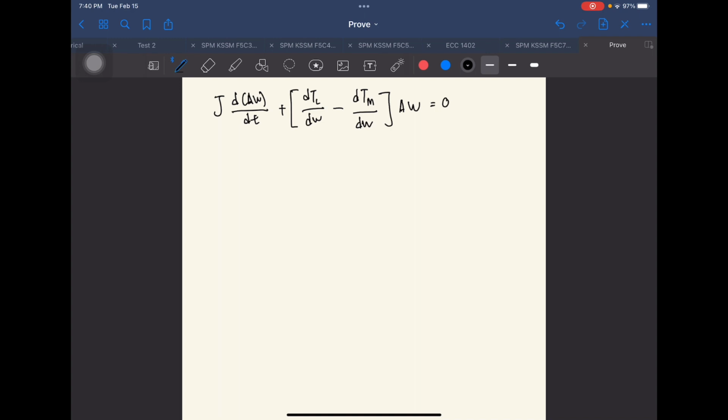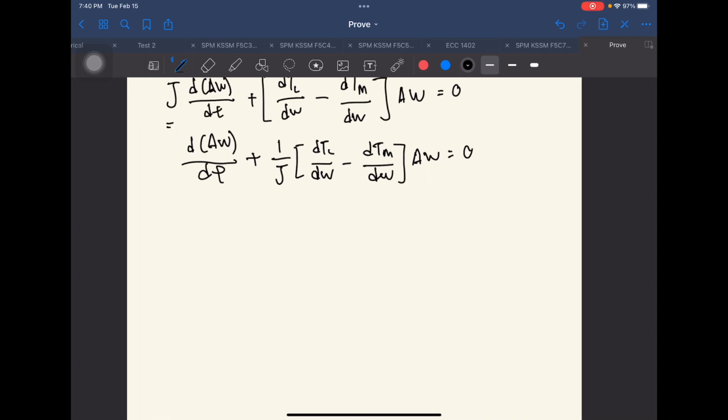Okay, so if you would like to use a first order ODE, what you're going to do is get rid of this j. So you divide everything by j, you get this 1 over j, the whole bracket, equals to 0.